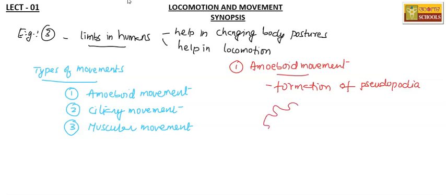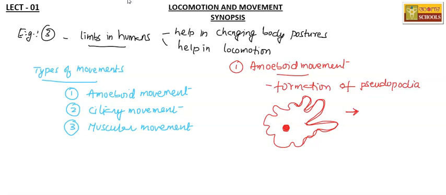You can see in the case of amoeba these finger-like projections, and this is the nucleus, and the amoeba is moving in this direction. In whichever direction it moves, it produces these finger-like projections, and that indicates the amoeba is moving in that direction.